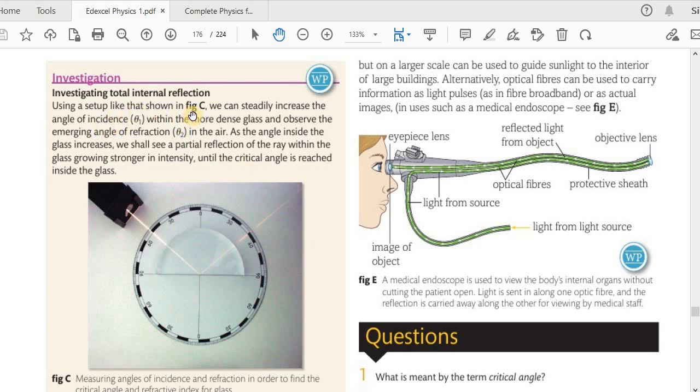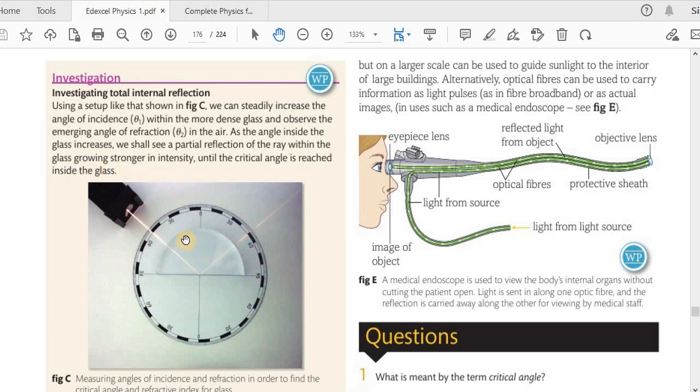Using a setup like this shown in figure C, we can steadily increase the angle of incidence, theta 1, with the more dense glass. So you see, this is inside the glass, and we can increase the angle of incidence and observe the emerging angle of refraction, theta 2, that is this angle, in the air. As the angle inside the glass increases, we shall see a partial reflection of the ray within the glass growing stronger in intensity.